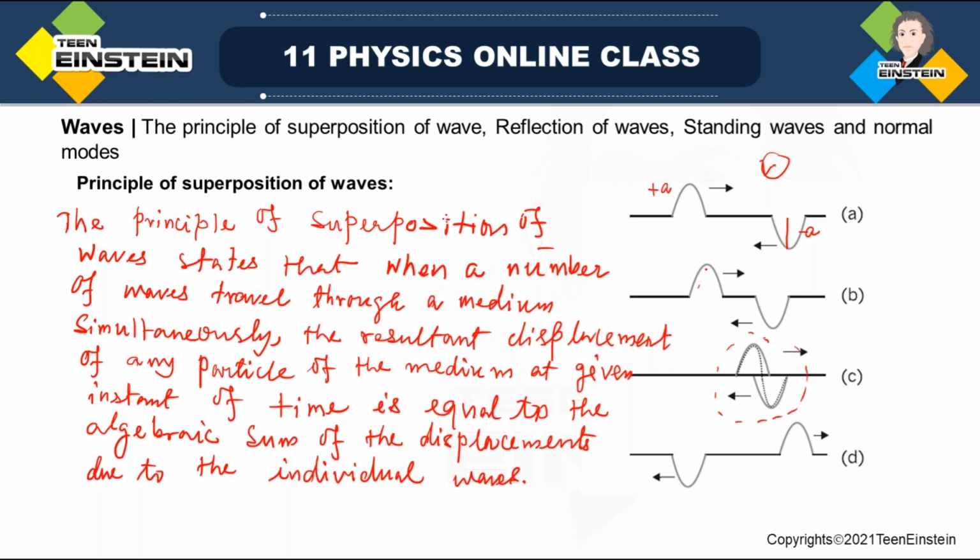In this case, this is exactly in opposite phase of this disturbance or wave. So when the waves overlap in opposite phase, the resultant displacement will be zero.